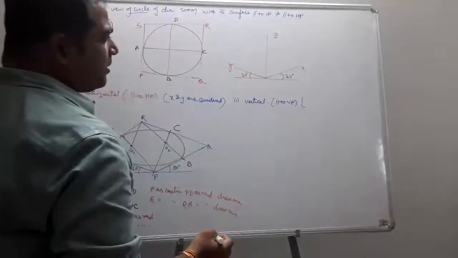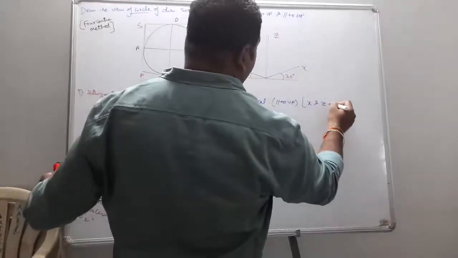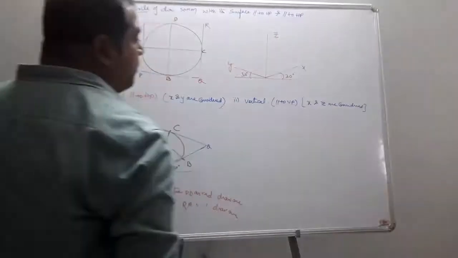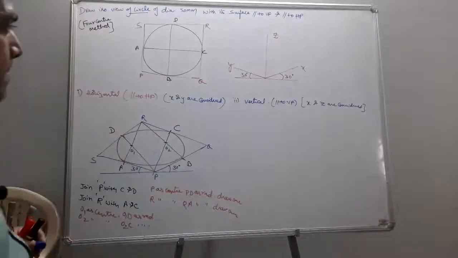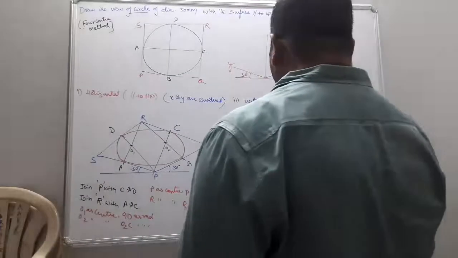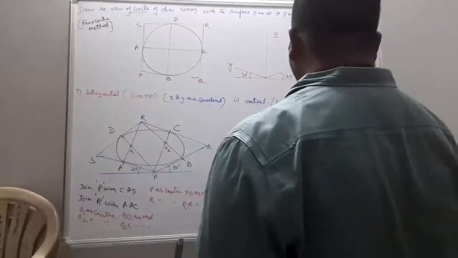I just consider X and Z axes. When you consider your X and Z, let us see. So I draw my second view, so it is isometric axis.